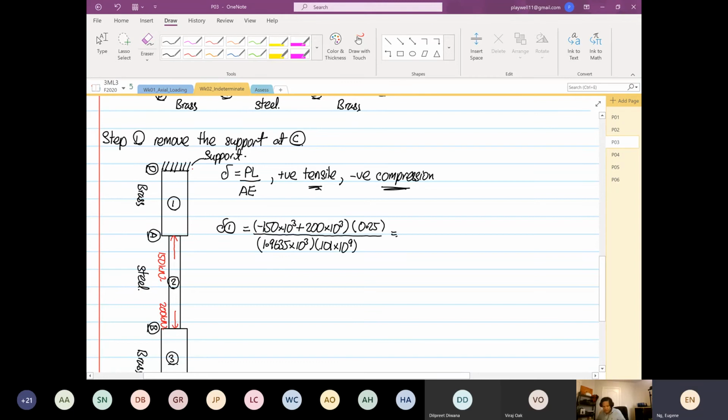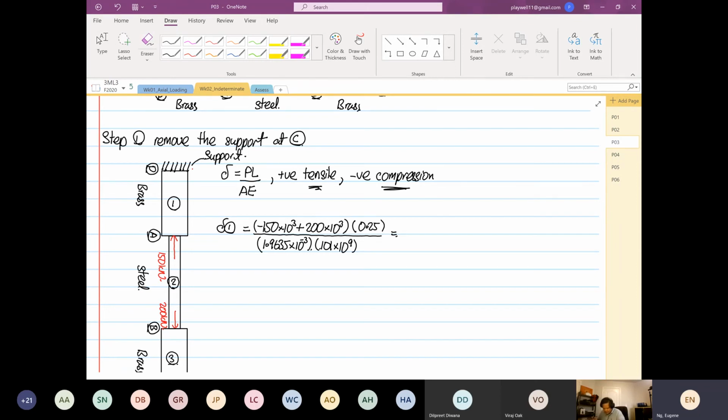So this will be equal to minus 150 plus 200, times 10 to the power 3, times 0.25, divided by 1.9635 times 10 to the power minus 3, divided by 101 times 10 to the power 9.